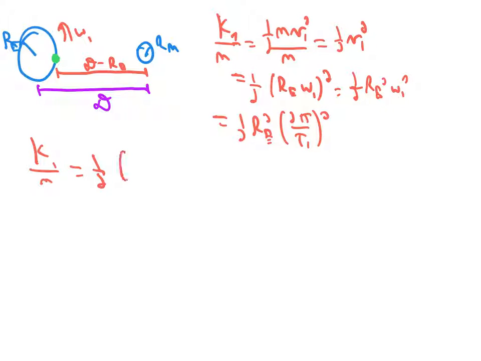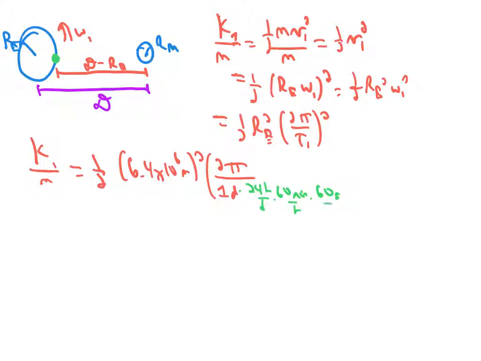So this is 1/2 times the radius of the Earth, 6.4 times 10 to the 6 meters, quantity squared, and here I'll have 2 pi over 1 day, but then I have to convert the day to seconds to get everything in the same units. So 24 hours per day, and 60 minutes per hour, and 60 seconds per minute. And then we can get a number: 108,308 joules per kilogram. Which doesn't tell us a lot to begin with, but we can get the potential energies and go from there.